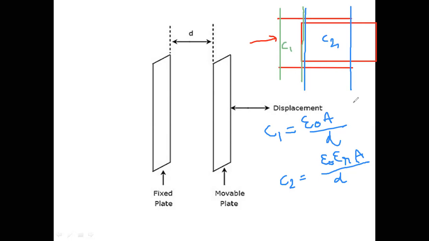So I may change capacitance by varying epsilon or overlapping area and also the distance between the two plates. Likewise, I will measure displacement by using a capacitance transducer.